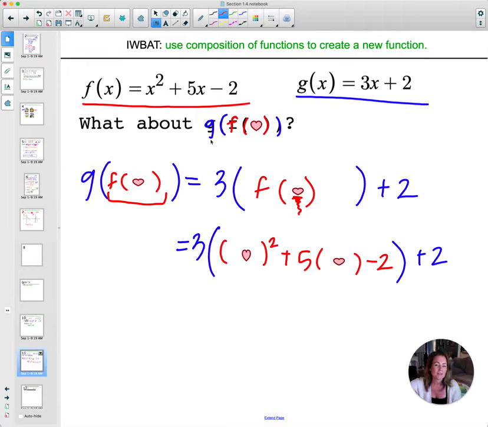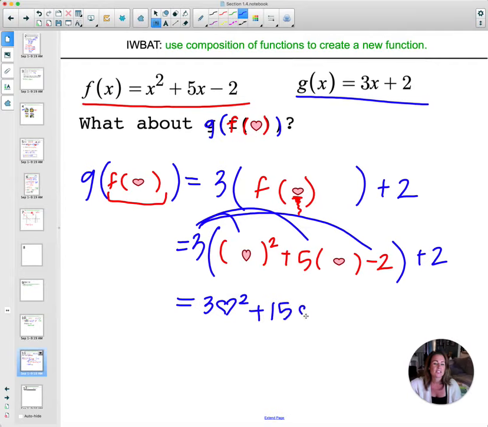And so what are we going to have to do? We're going to have to distribute the 3 into each piece. So we'll get 3 times the heart squared plus 15 times the heart minus 6 plus 2.